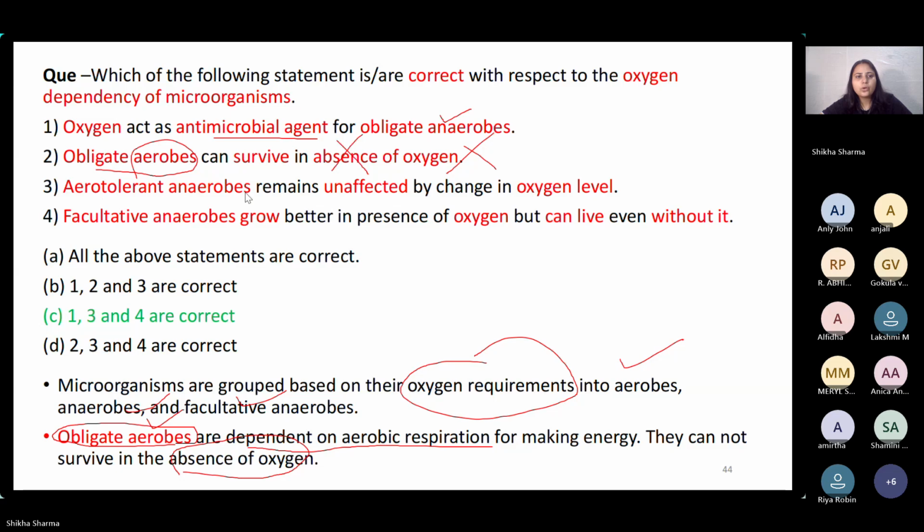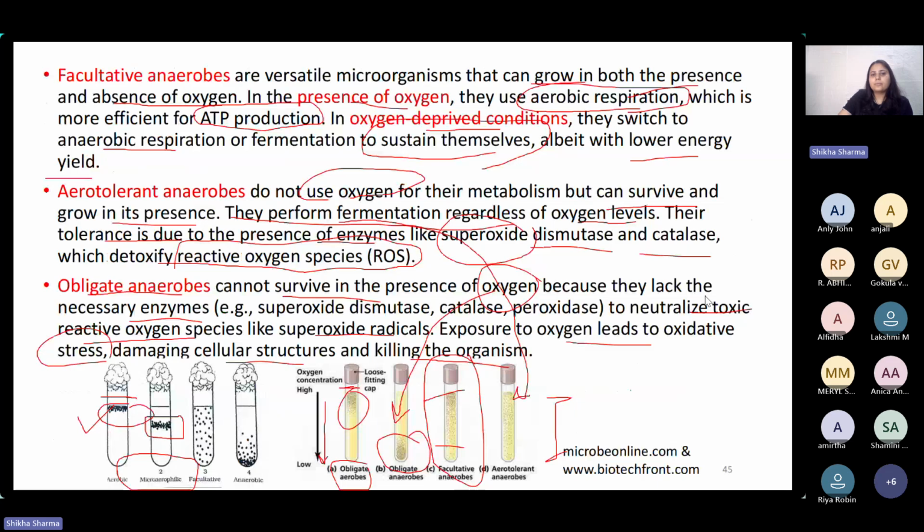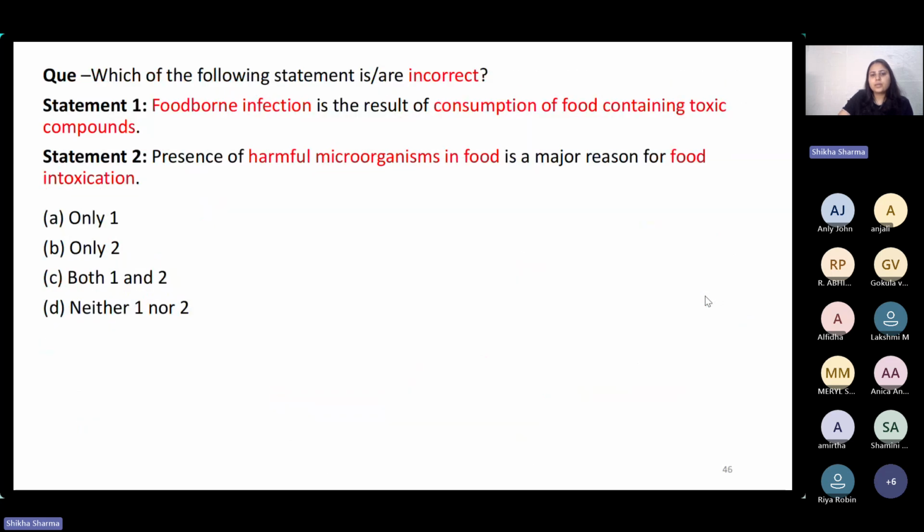Then aerotolerant anaerobes remain unaffected by the change in oxygen level, which is also correct. And facultative anaerobes grow better in the presence of oxygen, but if there is no oxygen, they can survive based on the fermentative pathway, which is also correct.